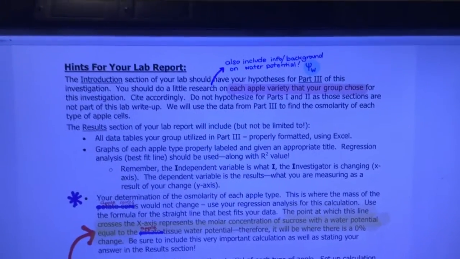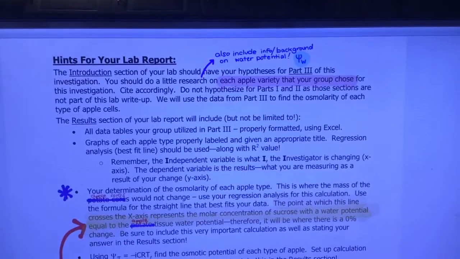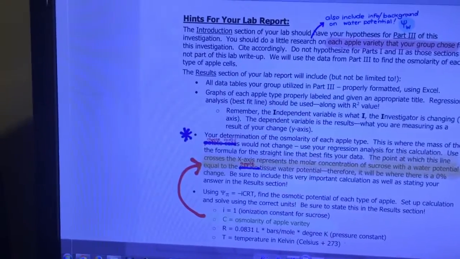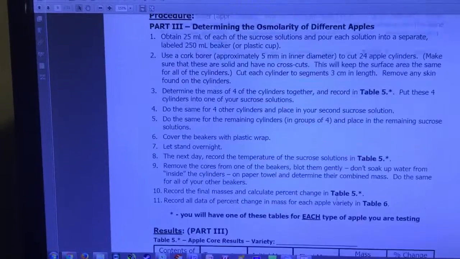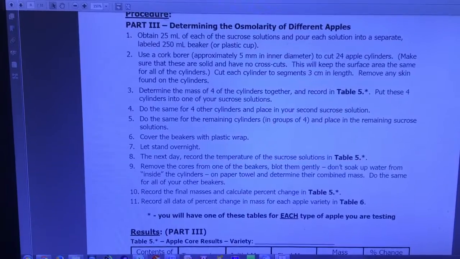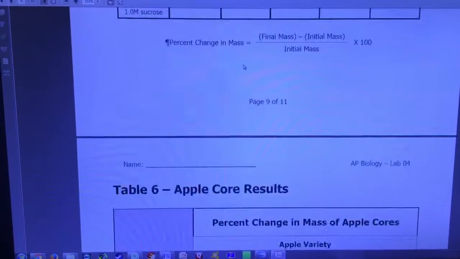For your hypothesis, basically it's which apple you think is sweeter. And that's where you have to use the data from. Your methods is basically summarizing all of the information that we gathered from the procedure, and that's not that hard here. There were some changes up here. Of course, we used 20 mils, not 25 mils. This is an older version of that, but that's totally fine.